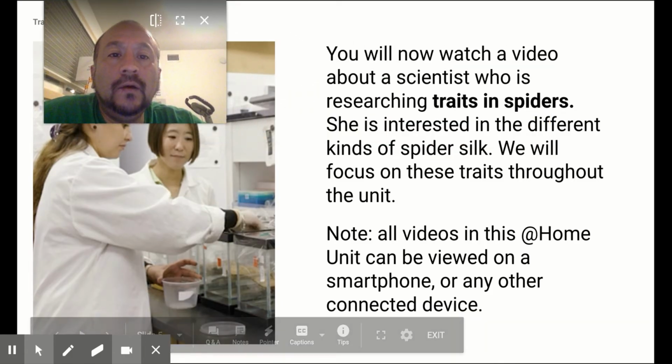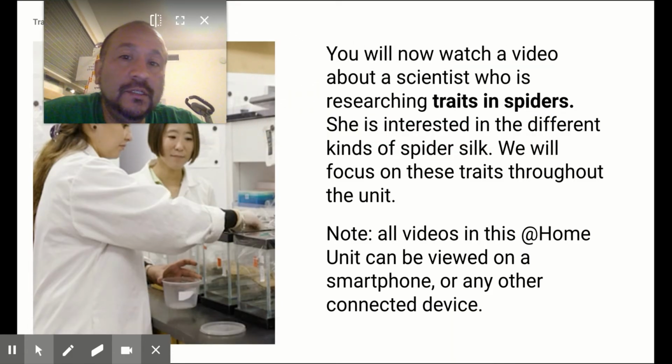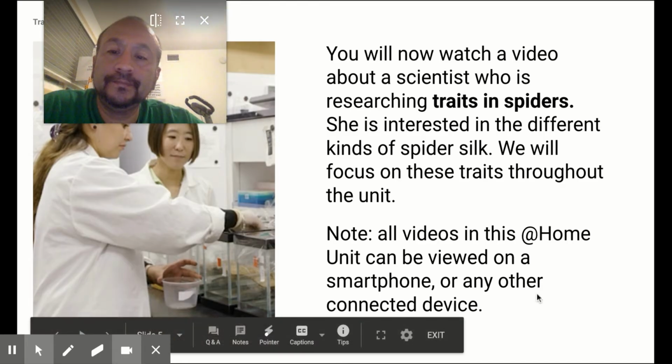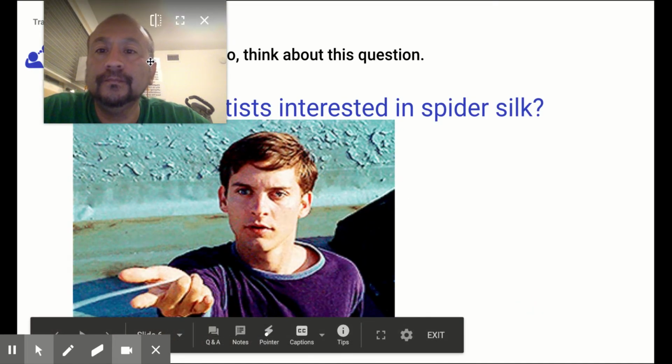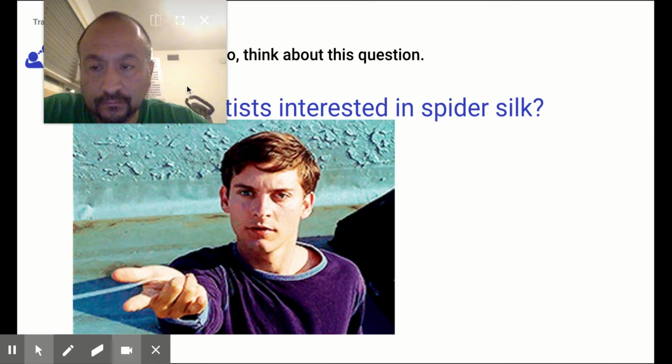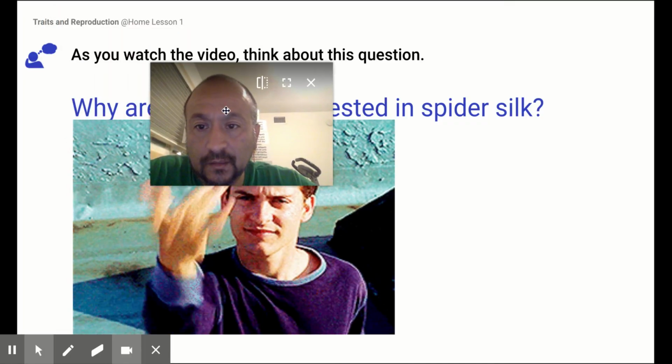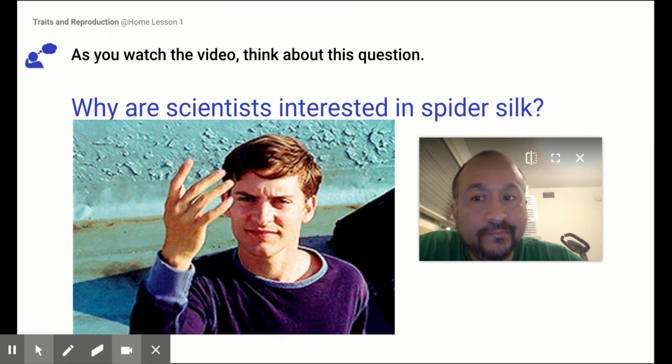And we're going to now watch a video about a scientist who is researching traits in spiders, and she's interested in the different kinds of spider silk. We're going to focus on these traits throughout the unit. So let's take a look at the video and think about this question. All of you love Spider-Man.